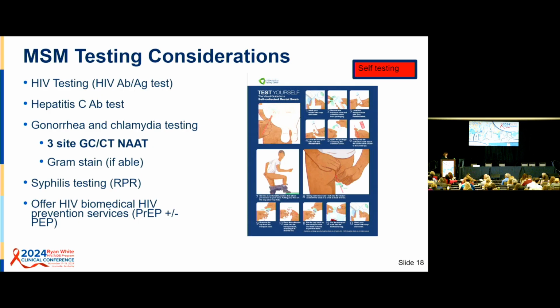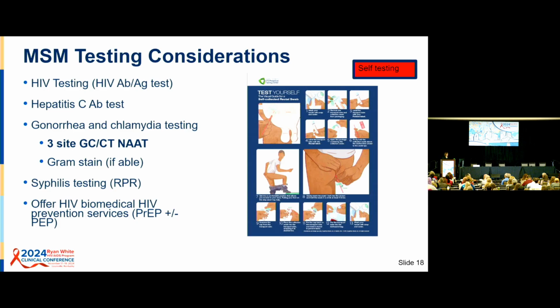So for MSM, we just discussed the standard testing that we offer in our clinic when folks come in. 3-site testing is incredibly important. Self-testing really is something that we've moved directly towards. I know it will then lead to less examination of the genital tract, but you can still examine the genital tract in patients. It just has to be in a shared discussion with them.